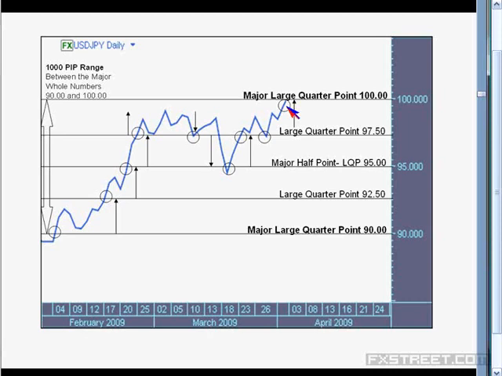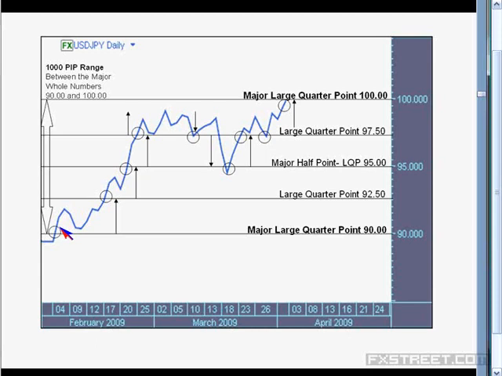So what does that basically mean? That means that the dollar-yen exchange rate in those 3 months has not only managed to complete several large quarters of 250 pips each, but it has managed to complete the entire 1,000 pip range between 90 and 100 yen. Now, obviously we see prices breaking above the 90 yen level.